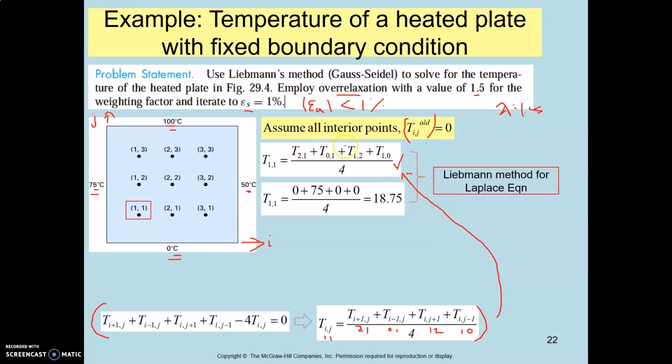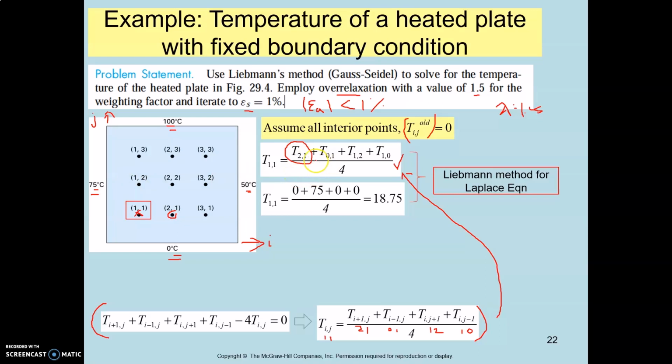From here, we are going to obtain this equation. In simple terms, it will be just the temperature around. For example, if you want to find the temperature at this point, you need the temperature beside. The temperature T21 is here, which is unknown.